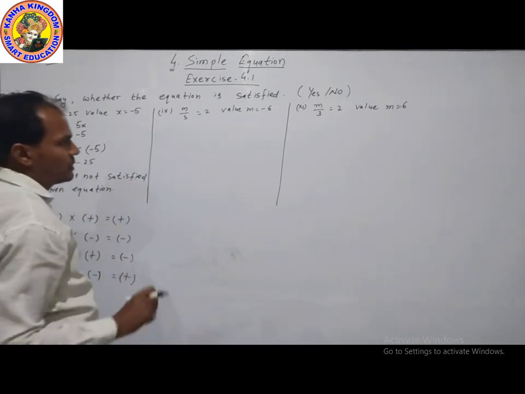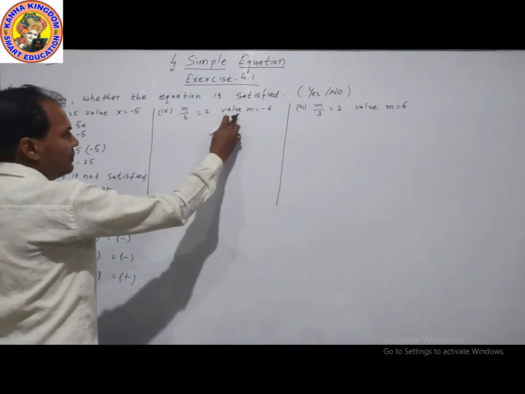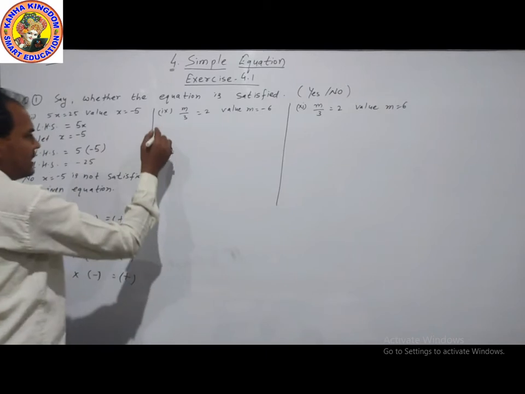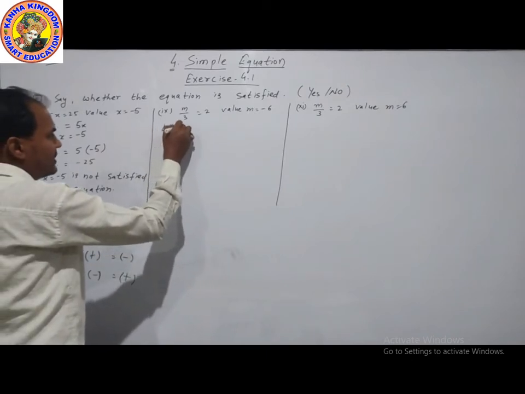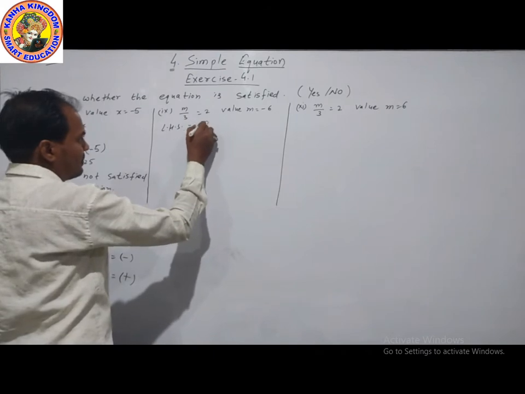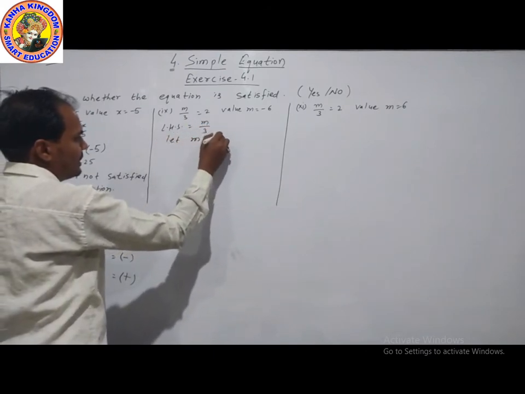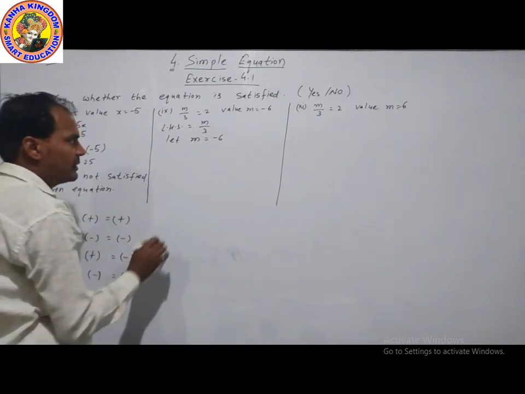Now taking question number 9. M upon 3 is equal to 2, value of m is minus 6. Taking left hand side, m upon 3. Let the value of m is minus 6, which is given in question.